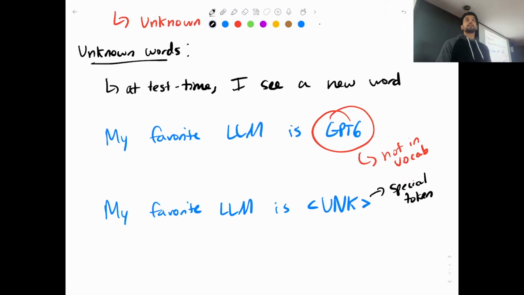There are some problems with this approach, right? Replacing things that you don't know about with an unknown token. What are some issues with this?